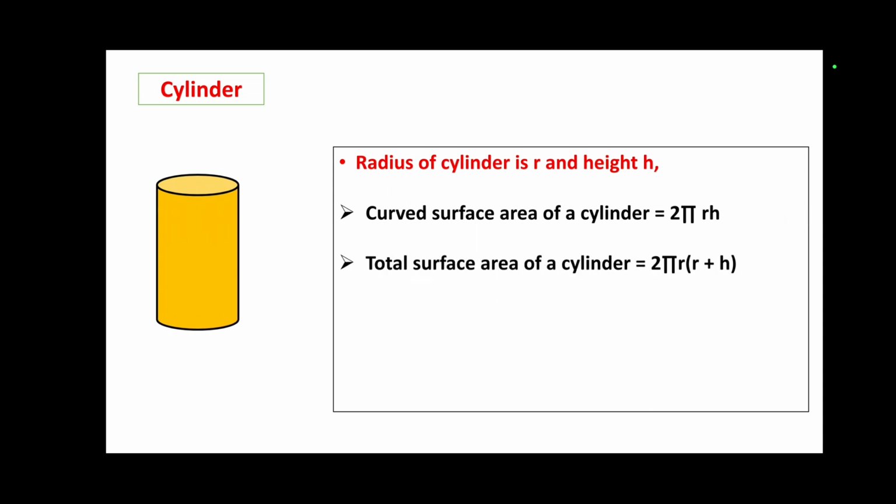The second one is the total surface area of a cylinder, that is 2 pi R (R plus H). And the volume of a cylinder is pi R square H. So for all these 3 shapes, cube, cuboid and cylinder, you have to write the formulas in the notebook with the figure.